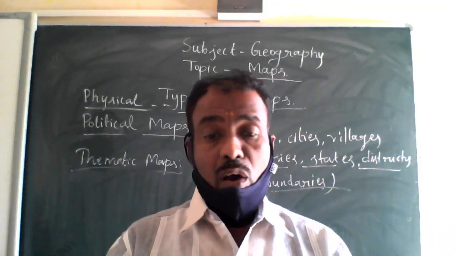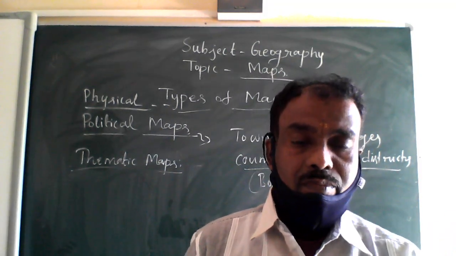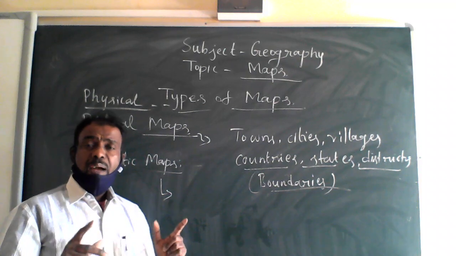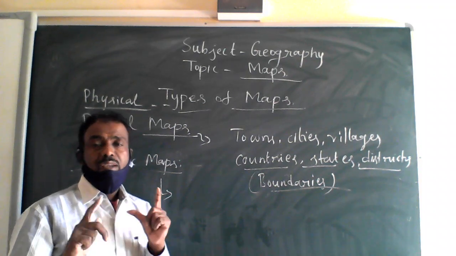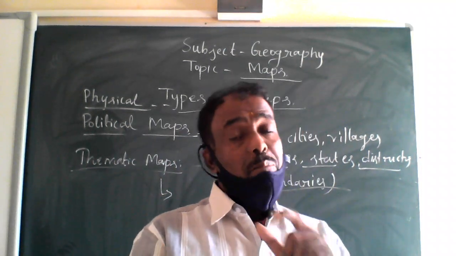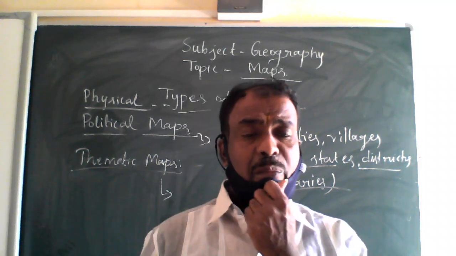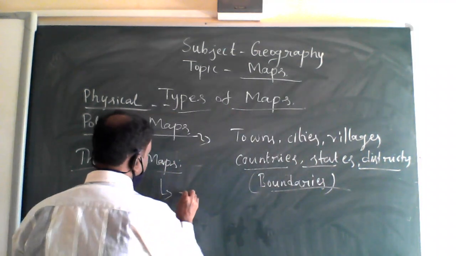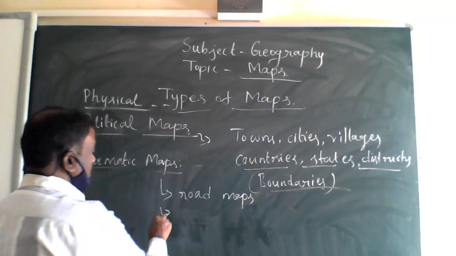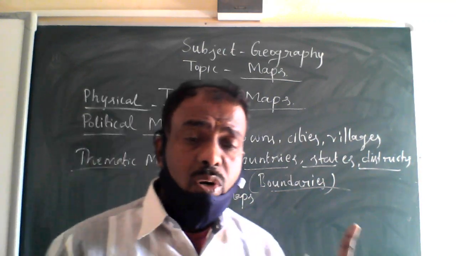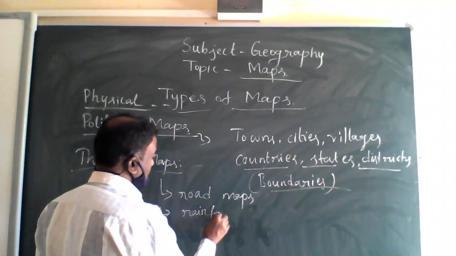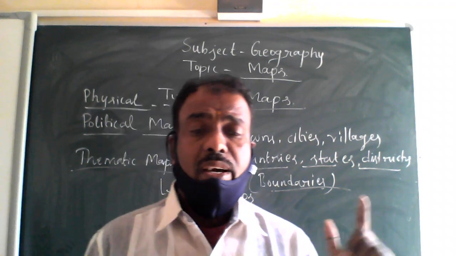For example, road maps. Are you getting this? So in thematic maps, some maps focus on particular or specific information. For example, road maps. In these road maps, we get information about only the roads, and even the rainfall maps, where we get information about only the rainfall.